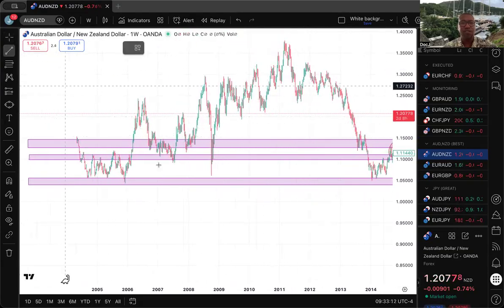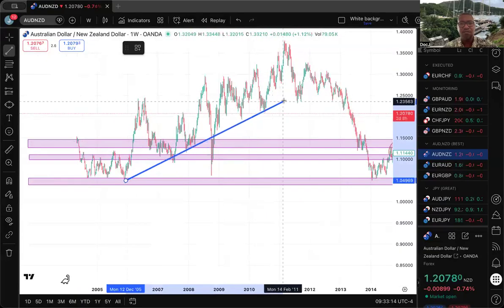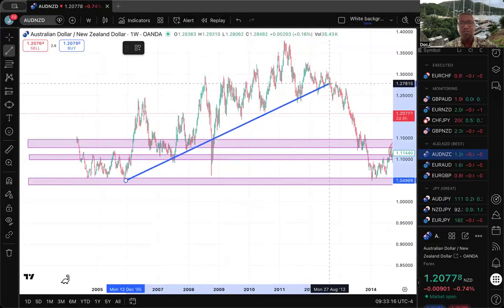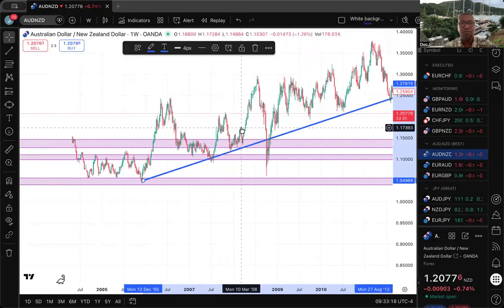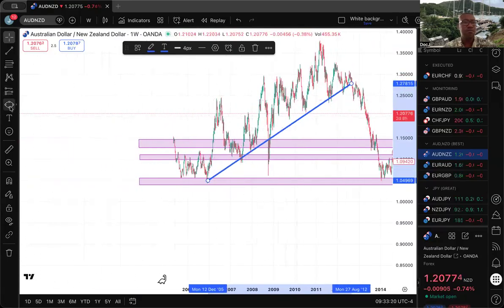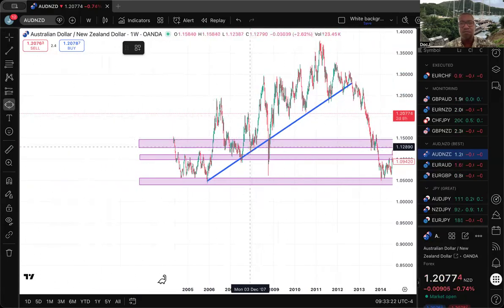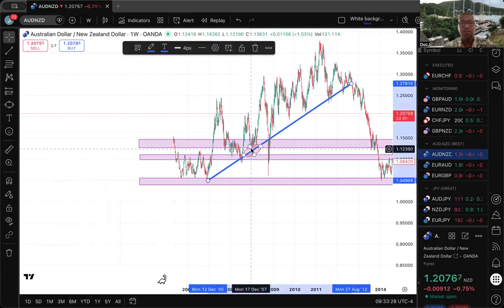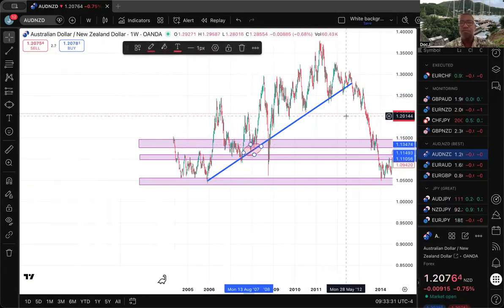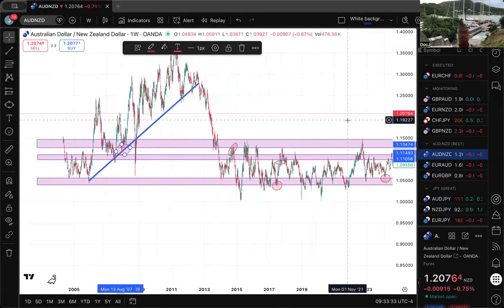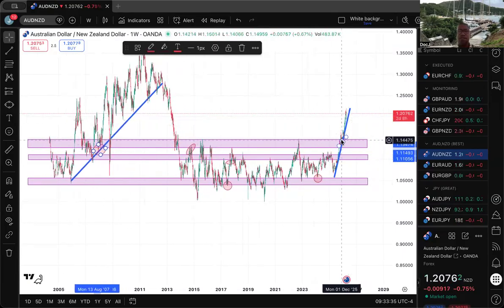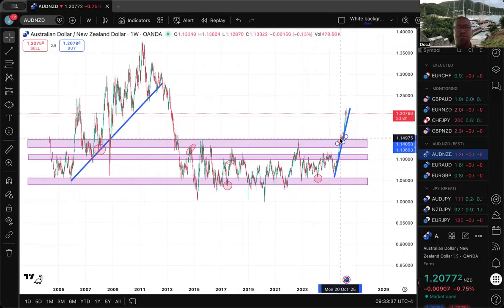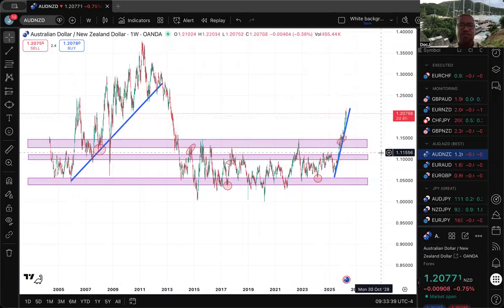Oh, we have a trend line here as well. Now, based on the areas highlighted, which areas would you think would be the best areas to take trades?